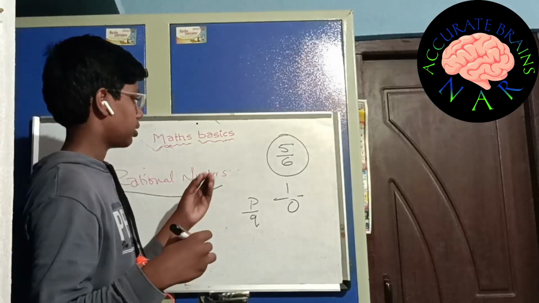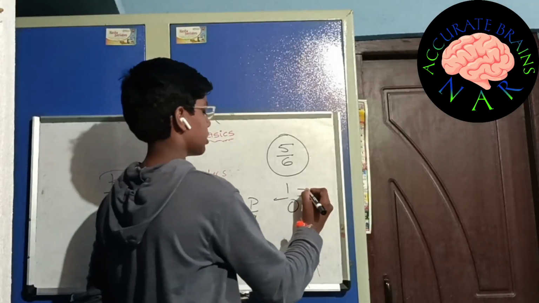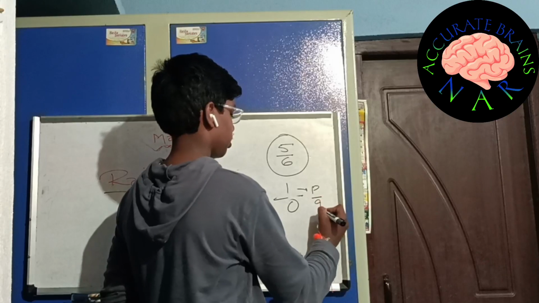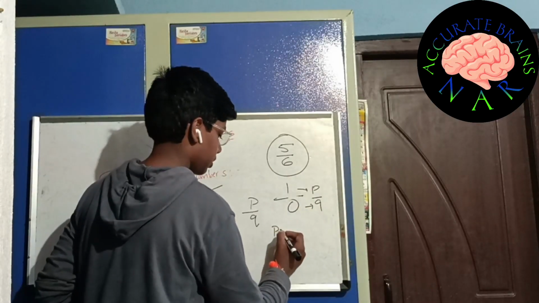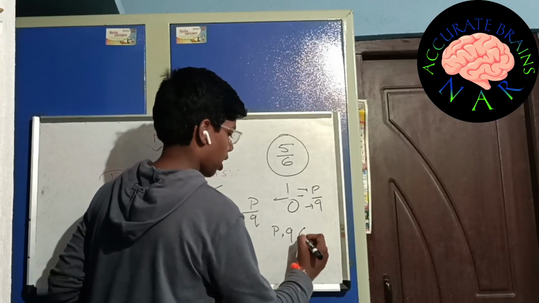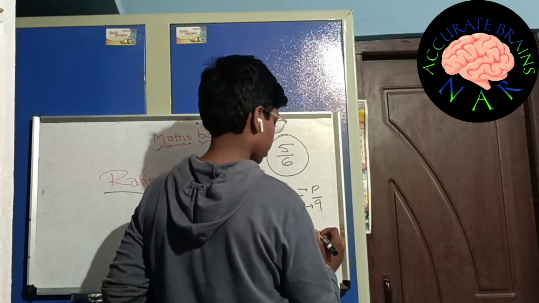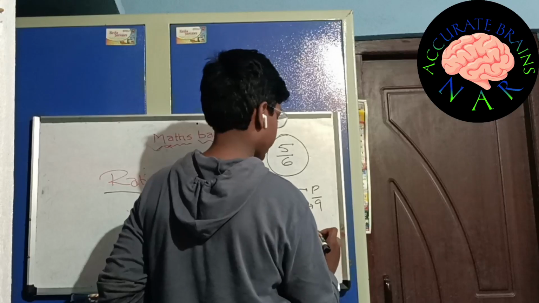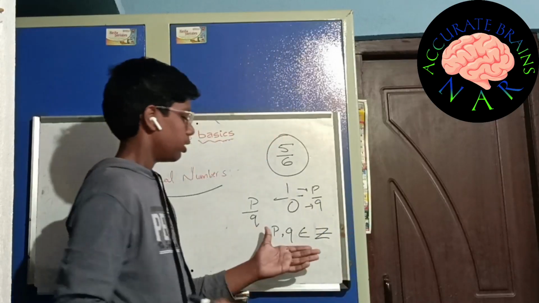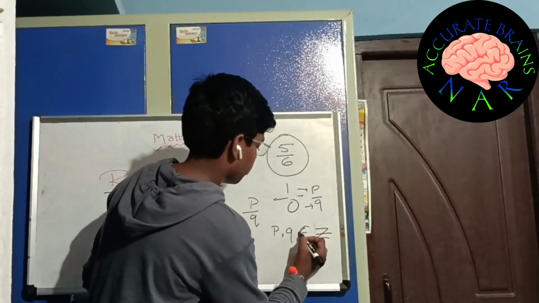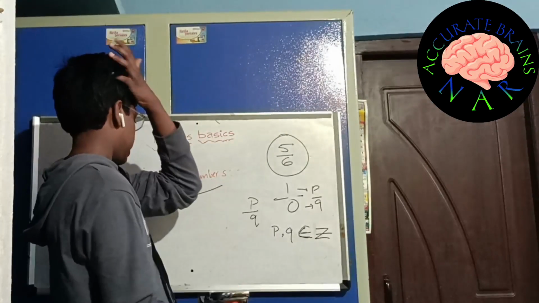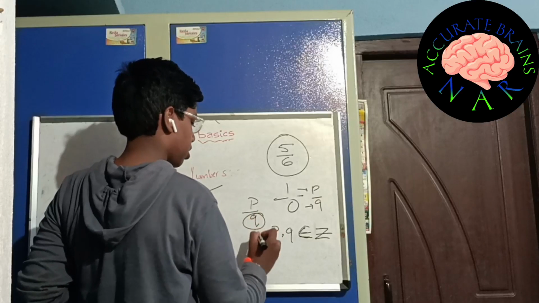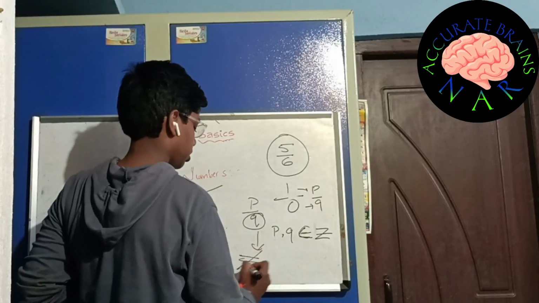We have p as 1. Here we have a rule: p and q are integers. Integers are represented by Z, where p and q are integers, but q is not equal to 0.